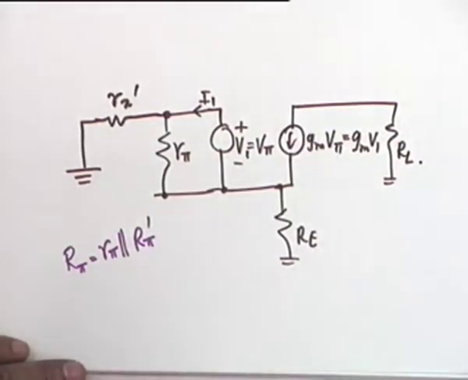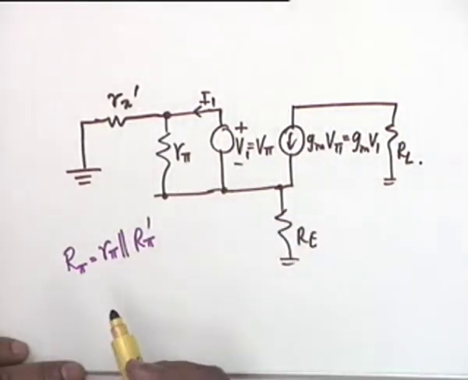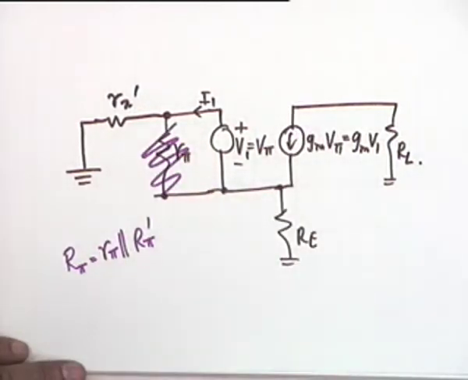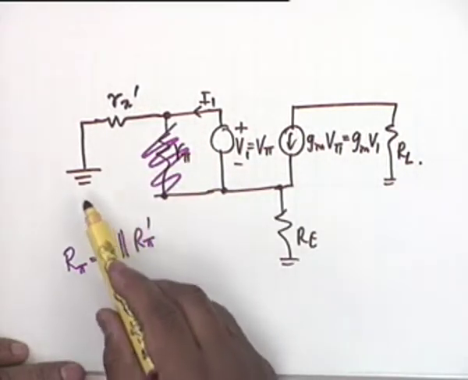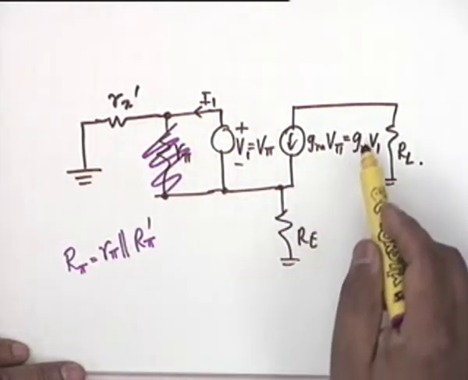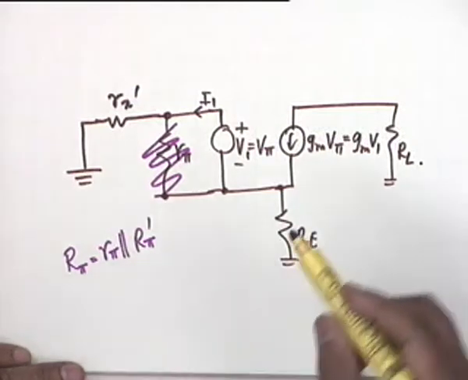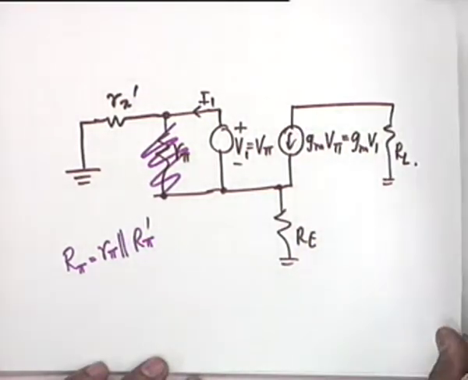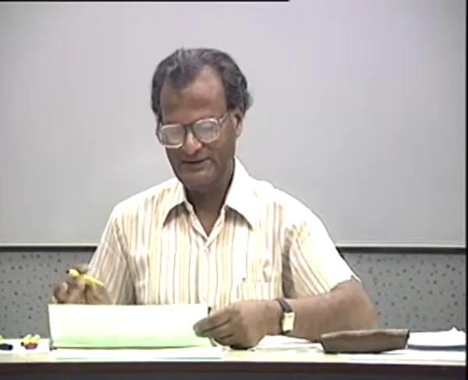prime. And for calculating R pi prime, obviously what you will do is you take this off. Then you see it is a series circuit except for this current generator. But you know what this well, let me draw this circuit.